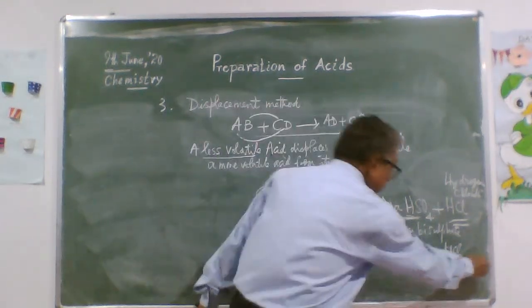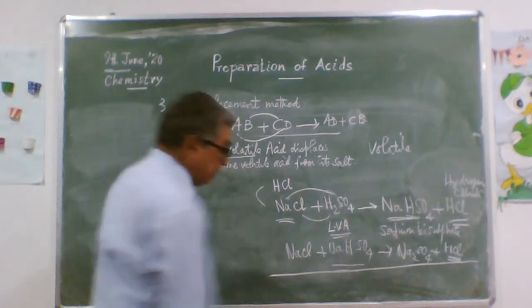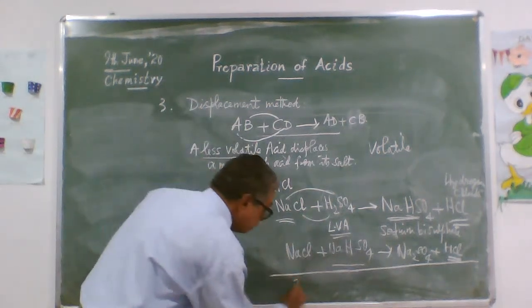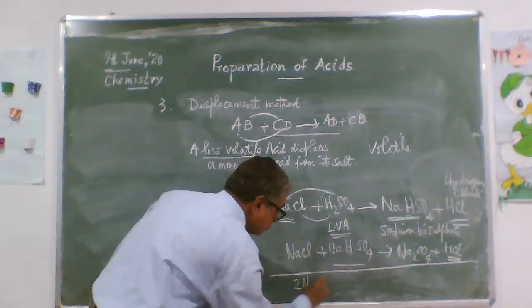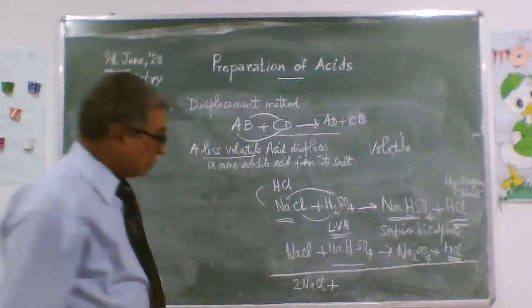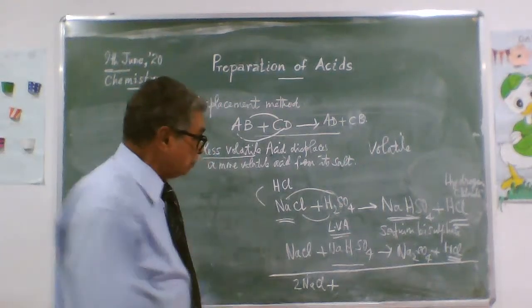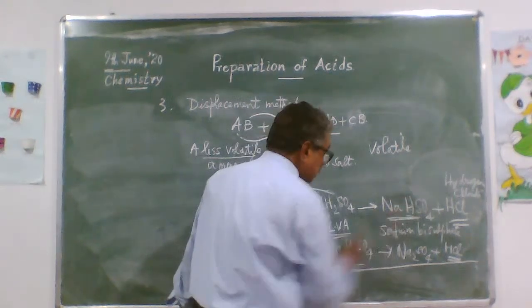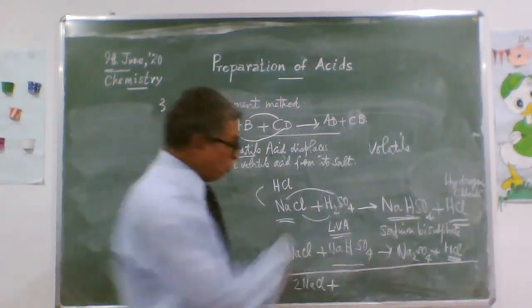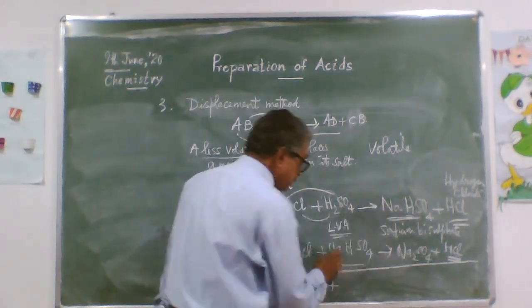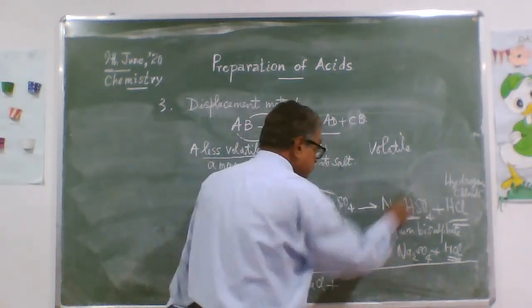Normally, we combine these two equations and say the final reaction is: here there are two NaCl, so we write 2 NaCl plus NaHSO4. NaHSO4 is there on both sides. In an equation, if both sides have the same quantity, that can be removed, so this can be cancelled.